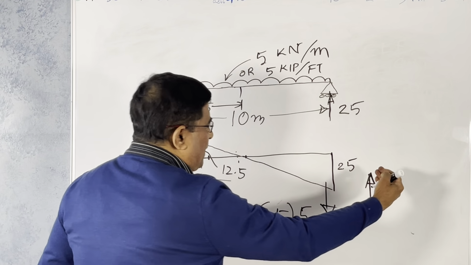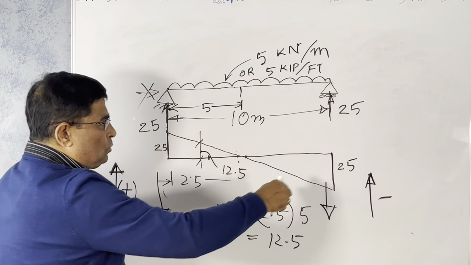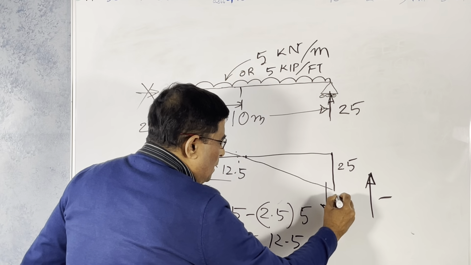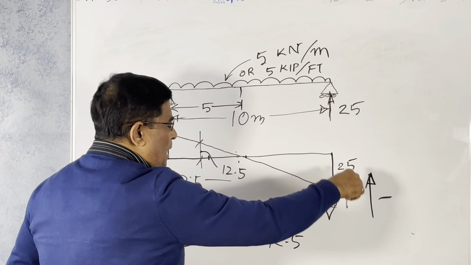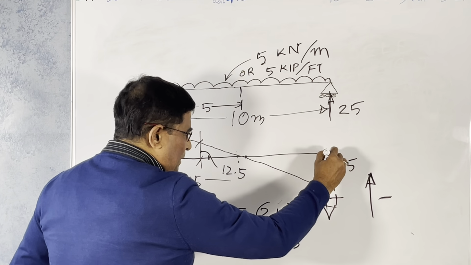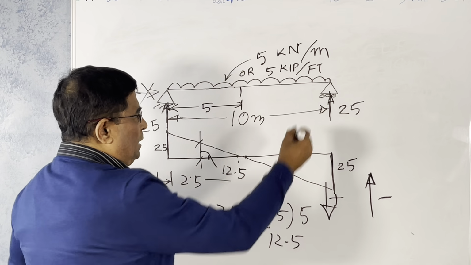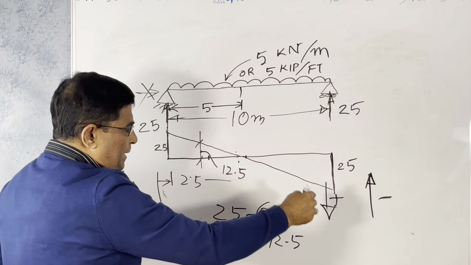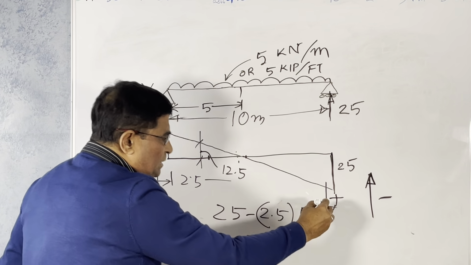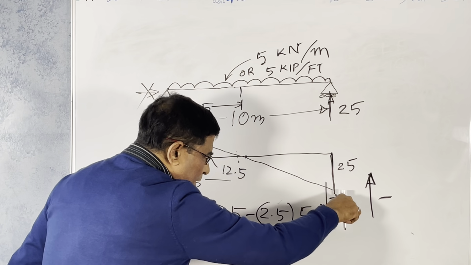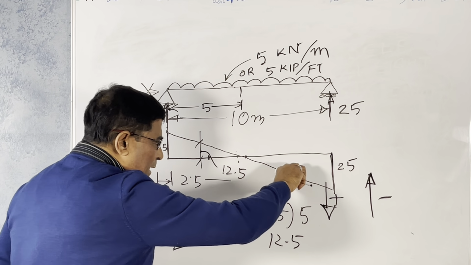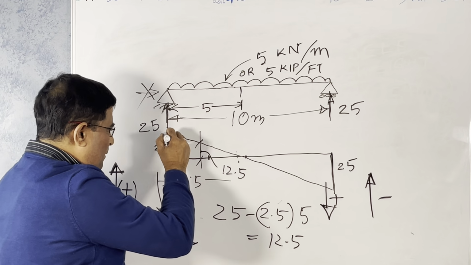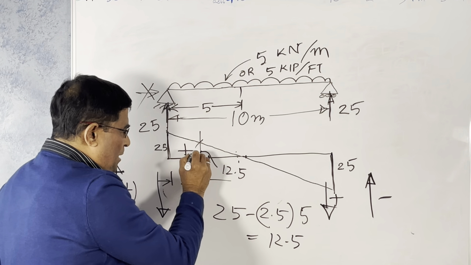If you consider from right to left, 25 is up, so upward force is negative, and it is going down. All the downward force is positive. So 25 going down, the value is reducing, gradually going up and further up, until it meets here. This is your shear force diagram.